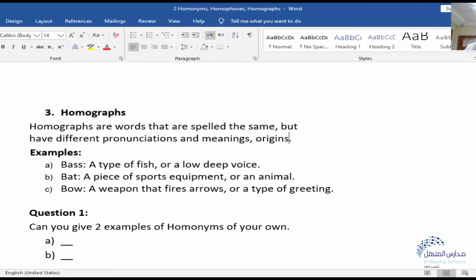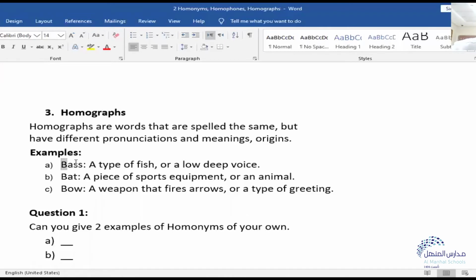Bass is a low, deep voice, or think of in terms of music, you get a bass drum, or a certain tempo of a song will be marked by its bass, right? So when you think of bass, you think of a sound, right?